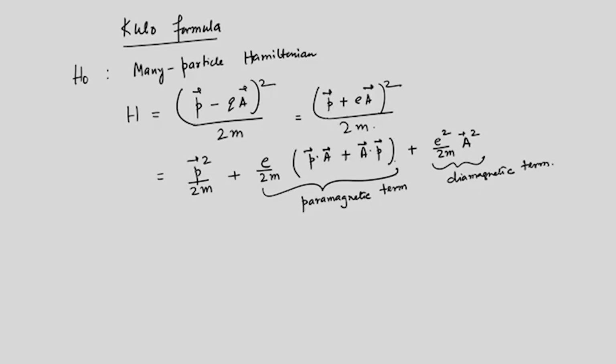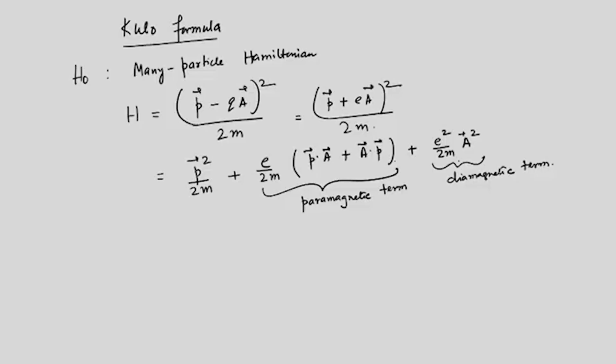Now, it turns out that we will neglect this diamagnetic term. In the parlance of perturbation theory, if B is not strong enough, then A would also be weak, so a term of the order of A square can be neglected. However, we have seen that in our case the magnetic field B is not weak at all, and we need to take into account terms such as B square or A square.